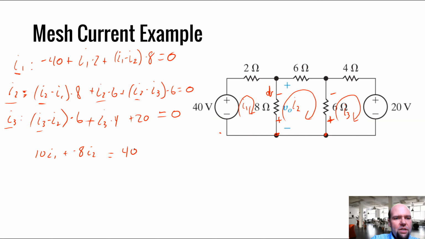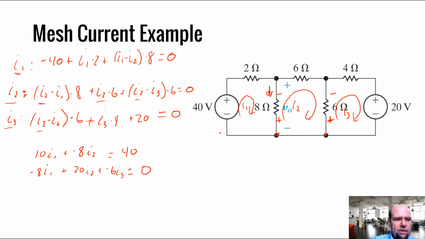Second equation, how many I1s do I have? I have negative 8 I1s. How many I2s? 8 plus 6 plus 6, so that's 20. How many I3s? We got negative 6 I3, and that equals 0.